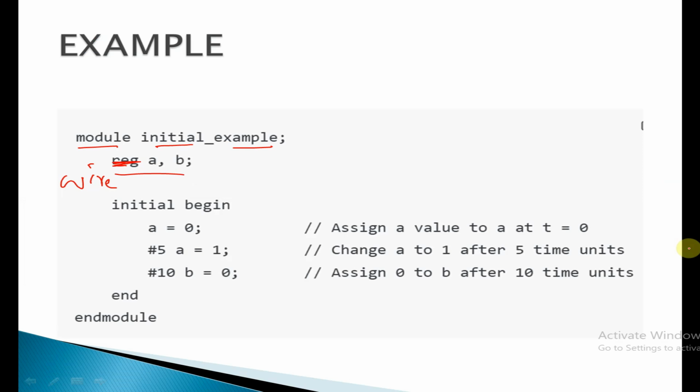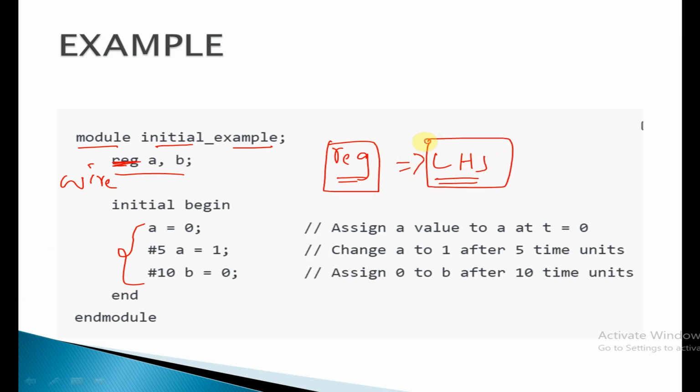Whether this particular code will be compiled or synthesized: if we use wire instead of reg, this particular code will not be synthesized. Why? Because in our previous session I told you that on the LHS side you should only use the reg data type. You should be very careful about this.